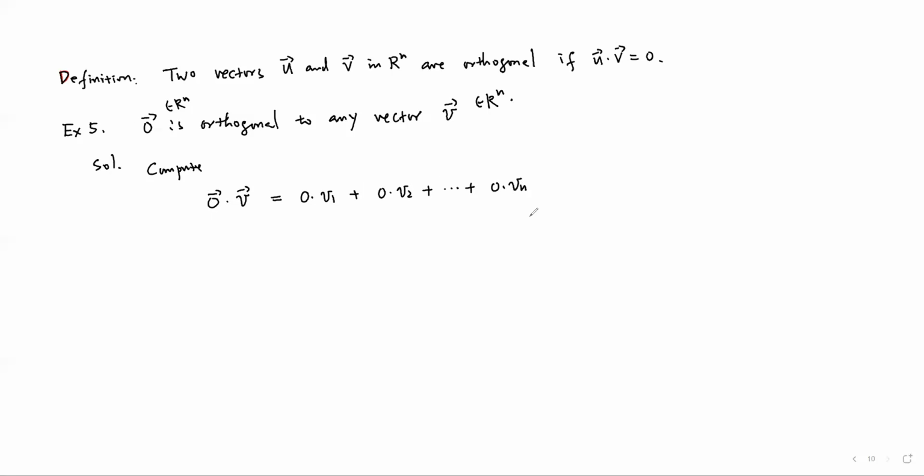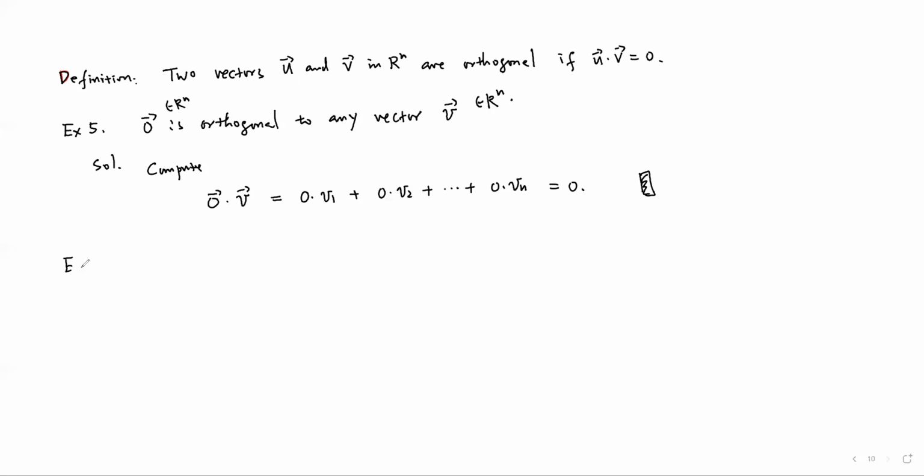These are just numbers: 0 times this number is 0. So the inner product is 0. Therefore, this vector is orthogonal to vector V. Done, by definition.